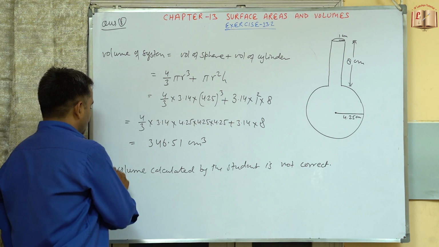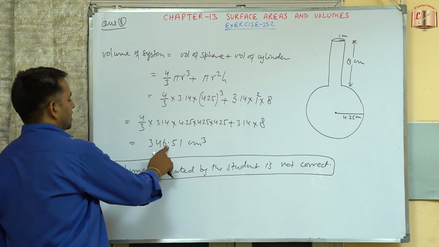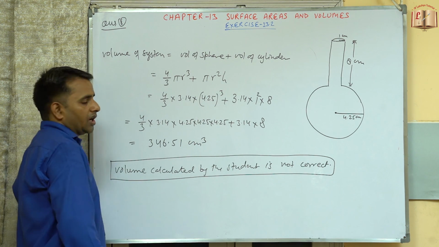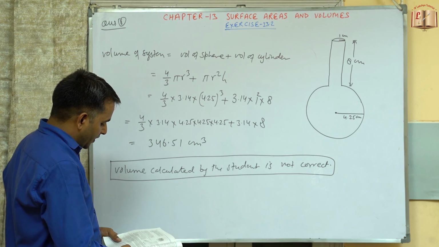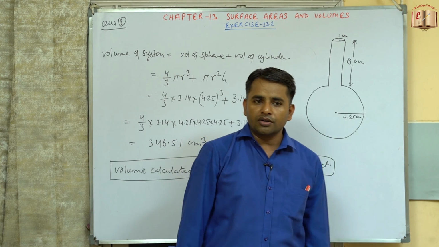So this is not correct. The correct value we have already got. So this is 346.51 centimeter cube. So we have completed exercise 13.2.